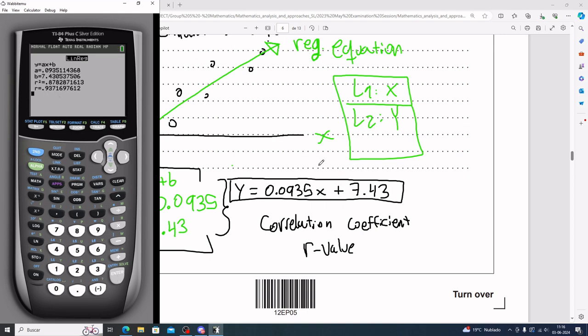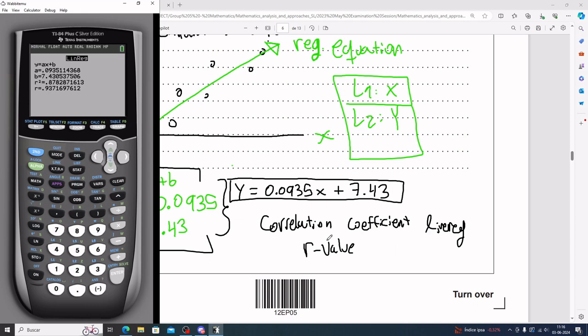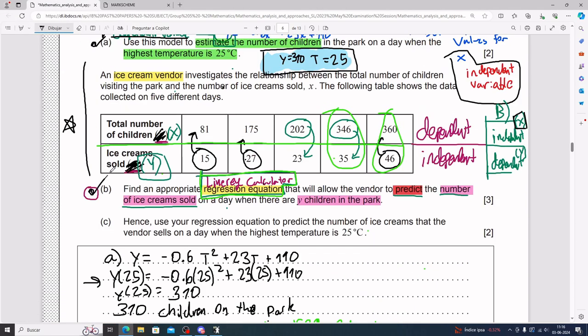So if you ever need to get the R value, it's also with line reg. That's also a procedure or a buzzword I need to keep in mind. The correlation coefficient is also going to be with line reg, and you need stat diagnostics on. So careful with that. You might as well keep it on. It gives you more information. Anyways, enough blah blah. That is for part B.